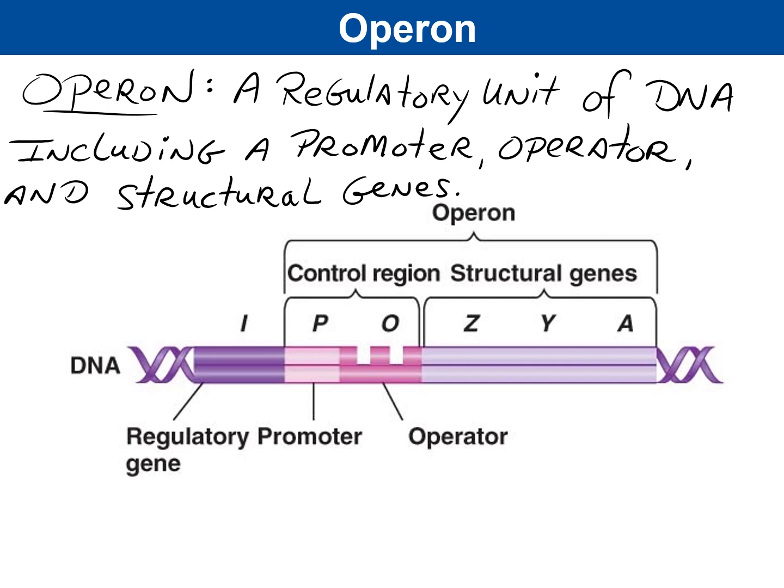Outside of the operon, we have something called the regulatory gene. And strangely, the regulatory gene here to the left of the control region has the letter I. And that I is in reference to what we call the inhibitor.